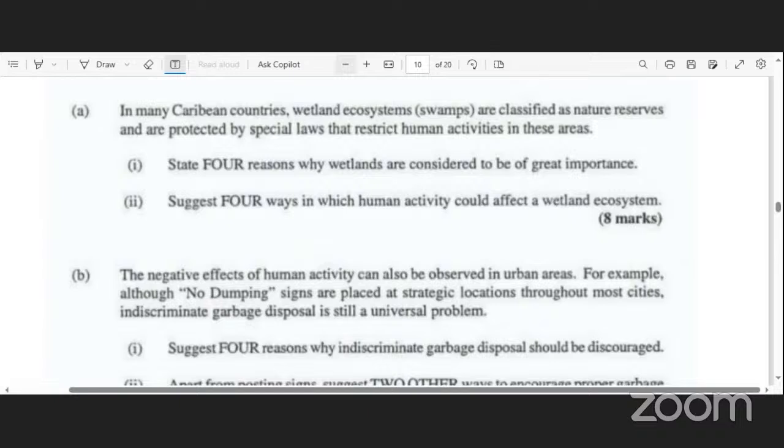Oh, can it destroy it? Shania, what kind of activity would destroy it? So your answer is very broad. It needs to be more specific. Pollution of wetlands.